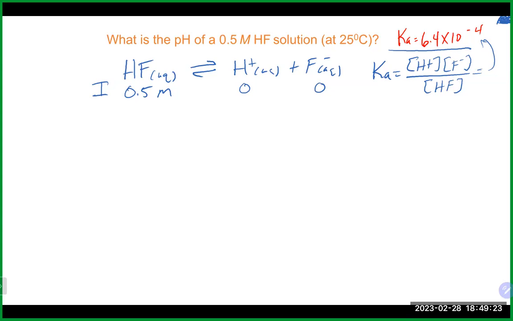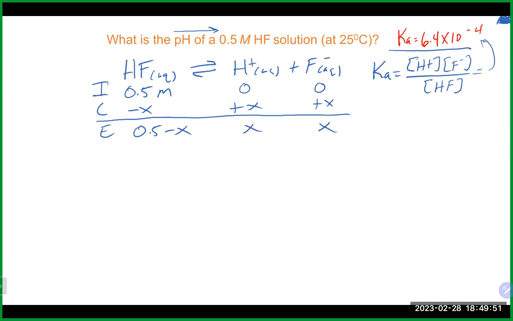Also, it's safe to assume that this reaction is most likely heading to the product side because we don't have anything initially there, which means the left-hand side should be our minus x's and the right-hand side should be our plus x's like normal. So this is going to be a minus x, a plus x, and a plus x. And we're just going to carry everybody down here. So 0.5 minus x, x, and x at this point. Any questions on the ICE table there?